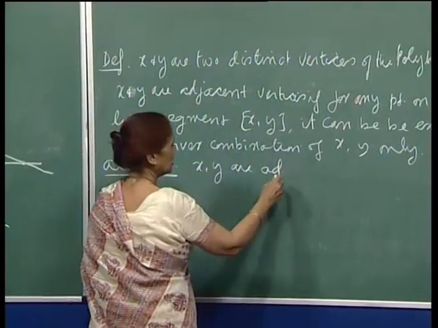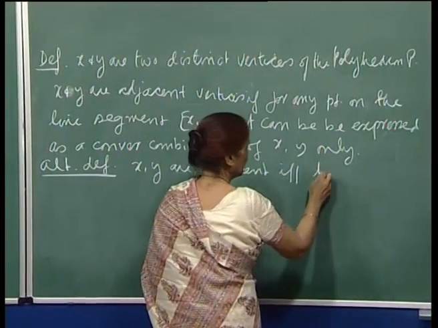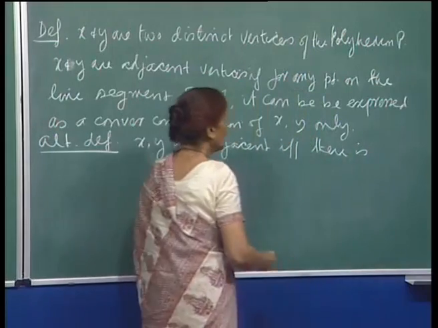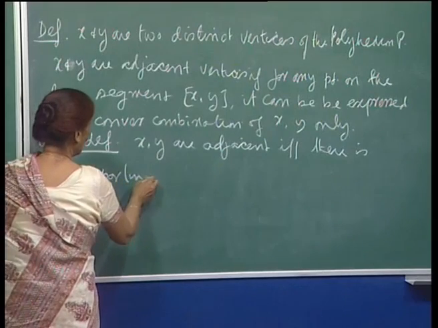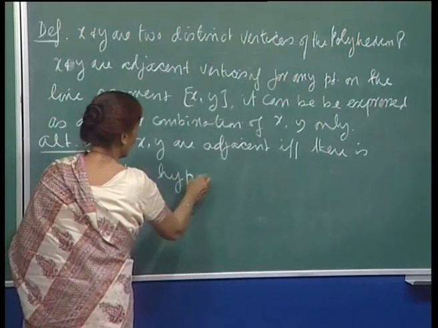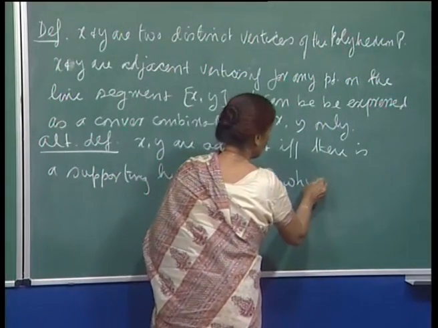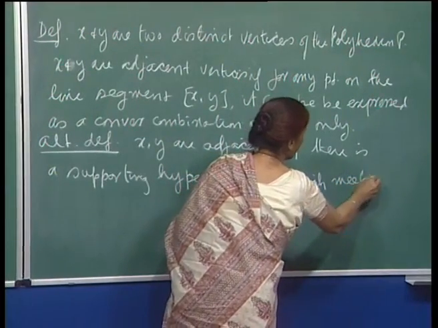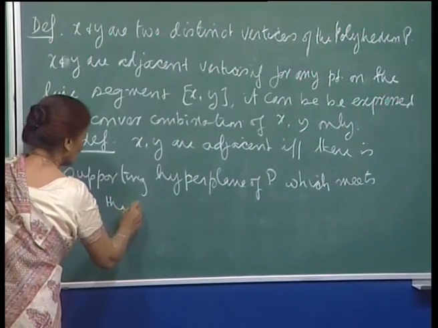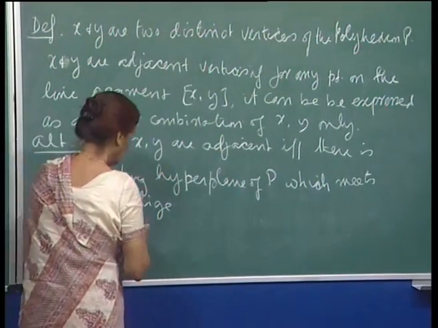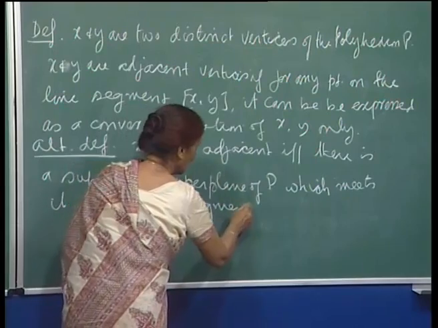I am not repeating all the other things. x and y are adjacent if and only if there is a supporting hyperplane of P which meets it in the line segment x y.